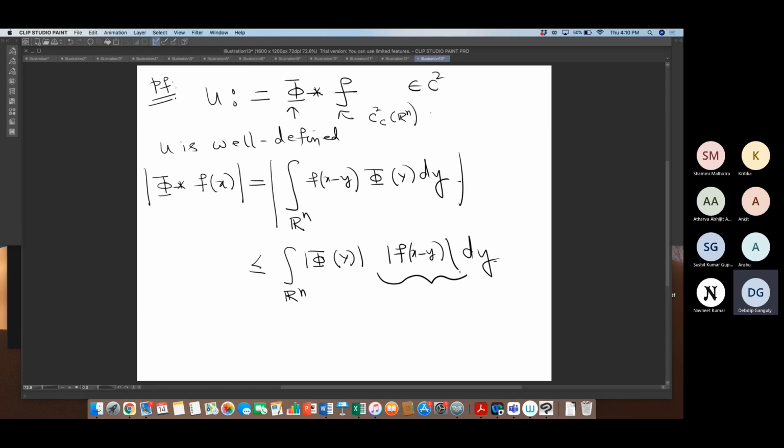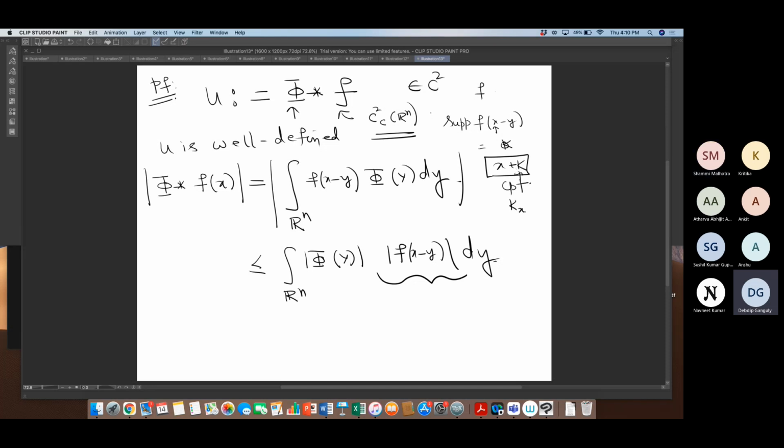What is the support of f of x minus y? f is a C_c function, it has compact support. But since x is fixed, the support is some translation, x plus k, which is again a compact set. Am I right? Yes, it's again a compact set.